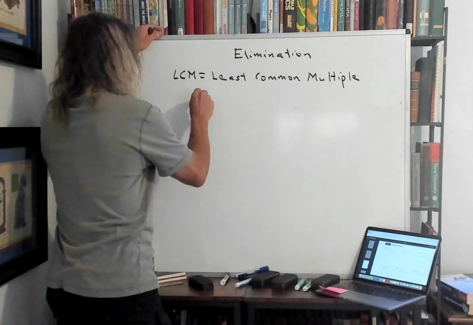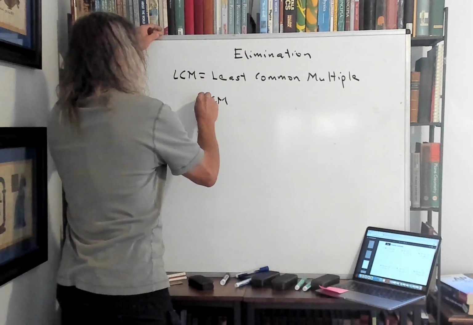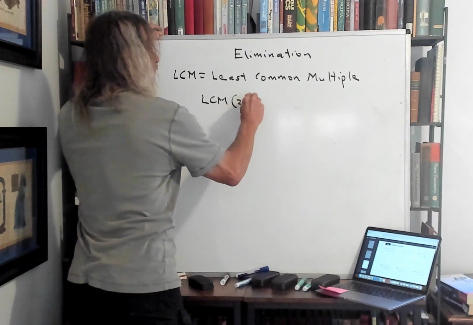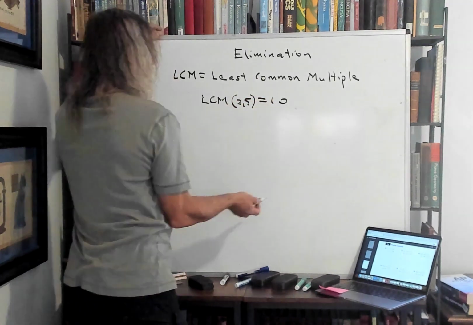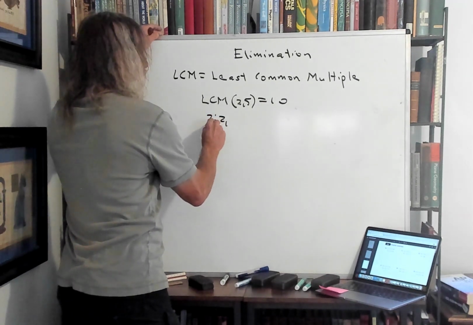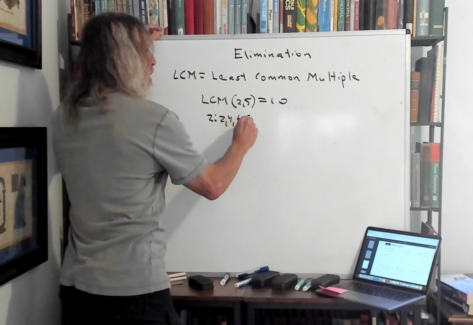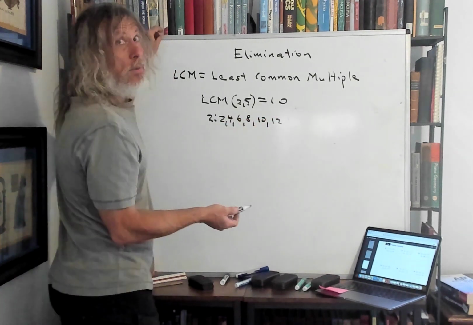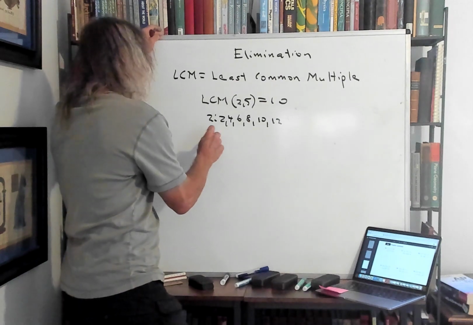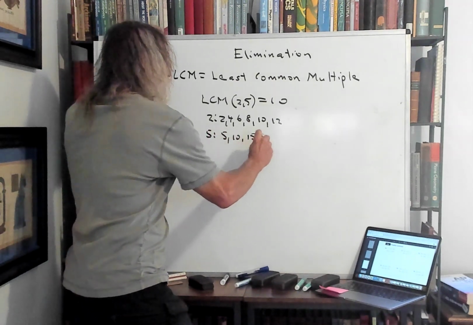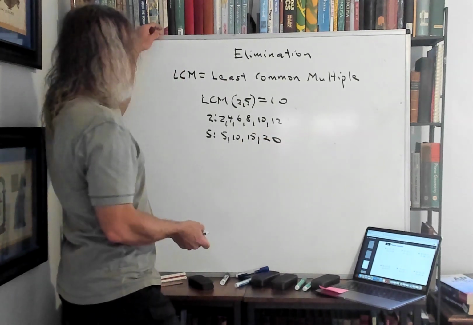So for example, the LCM of 2 and 5 is going to be 10, because the multiples of 2 are 2, 4, 6, 8, 10, 12. Counting by 2s. Multiples of 5 is like counting by 5s. 5, 10, 15, 20, and so on.